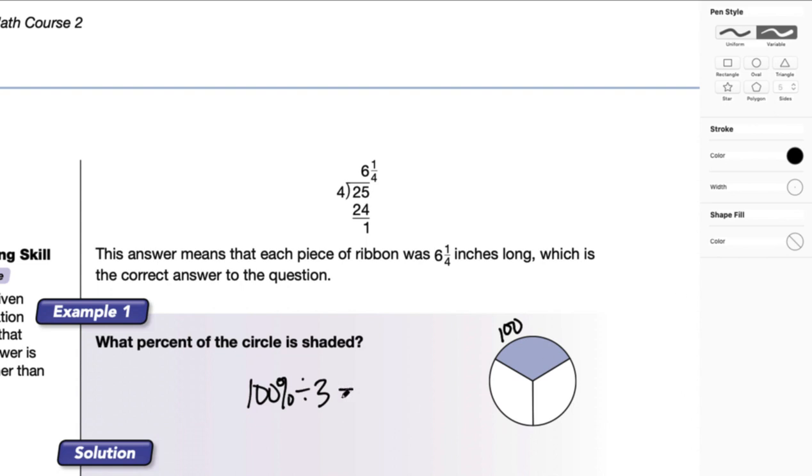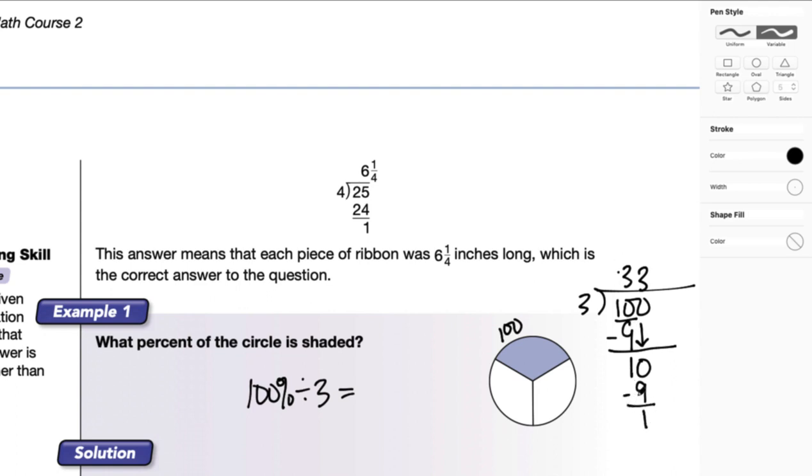And if I rock some long division, 3 goes into 100. 3 can't go into 1, but it can go into 10. So 3 goes into 10 3 times. 3 times 3 is 9. I get 1, drop my 0. 3 goes into 10 3 times. 3 times 3 is 9. Subtract, I have 1 as a remainder.